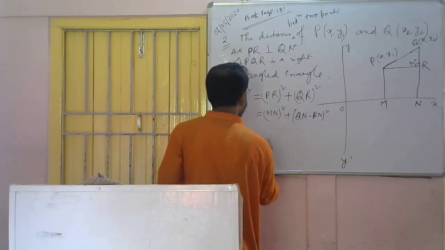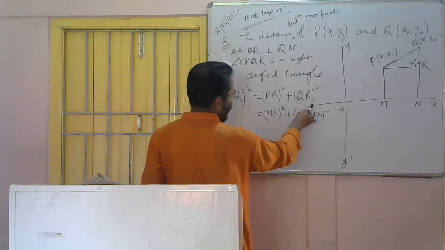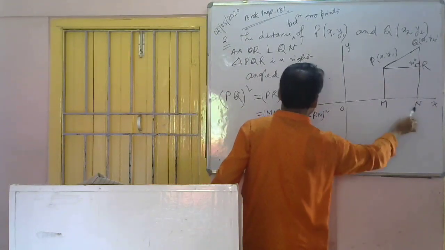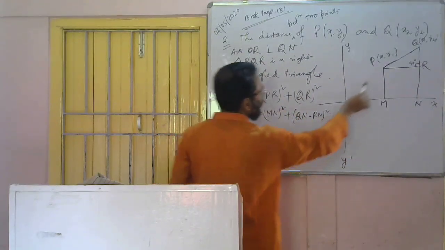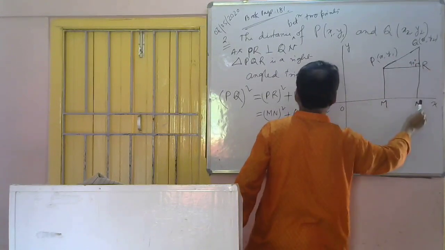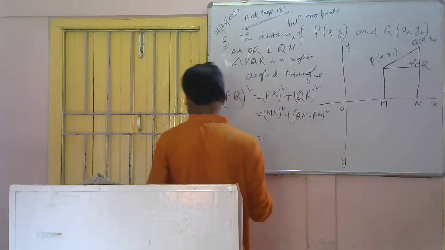So PQ square is PR square plus QR square, and in place of PR we write MN, and in place of QR we write (QN minus RN) square.